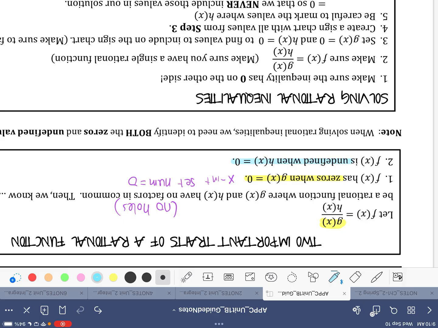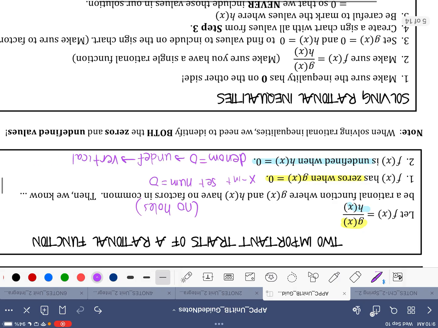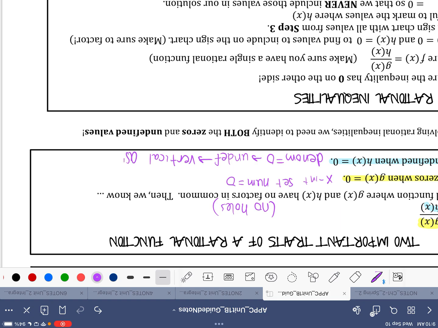So if we set the denominator equal to 0, it is undefined. And really, if you remember correctly, undefined really means that there is a vertical asymptote there. And I always abbreviate vertical asymptote VA.